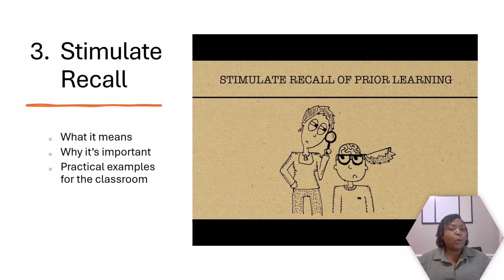Think of scaffolding as giving students the right tools at the right time to climb even higher. To apply this, you may connect new learning with students' previous experiences or their prior knowledge. You can use questioning techniques, discussions, or quick review exercises.